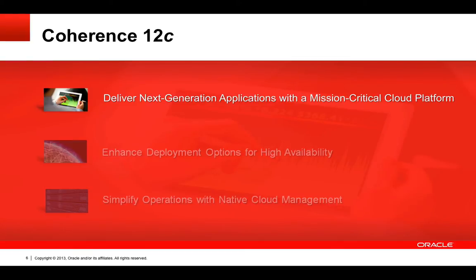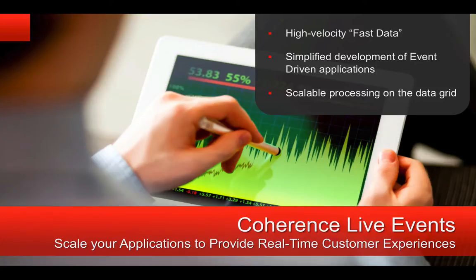Now, Coherence Live Events is meant to deal with the increasing velocity of data that hits your application infrastructure. Coherence provides scalable processing on the data grid that's also very highly available.